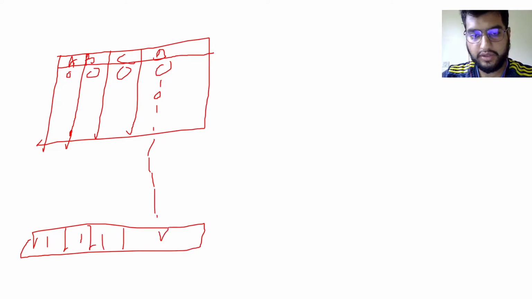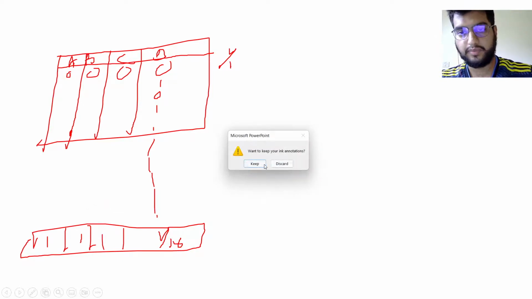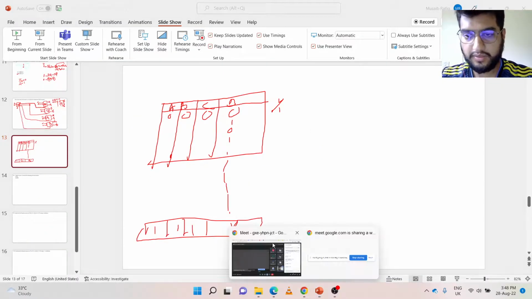And in each case, the corresponding output y will be 1. So the truth table will be somewhat like this. You can draw the truth table. It will be simply a truth table for a 4 cross 16 decoder. Any doubts regarding this question?